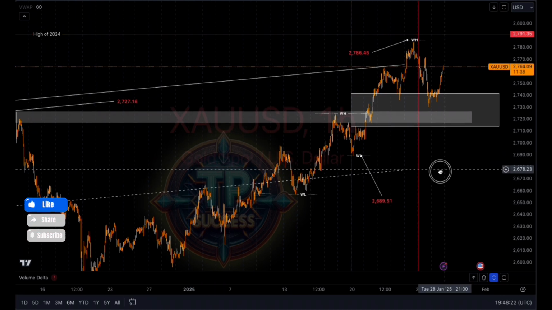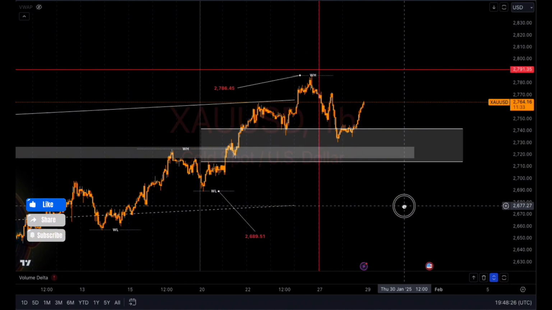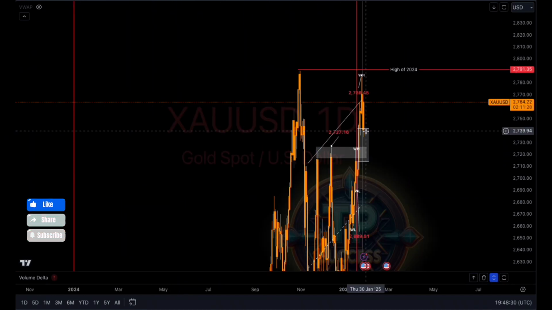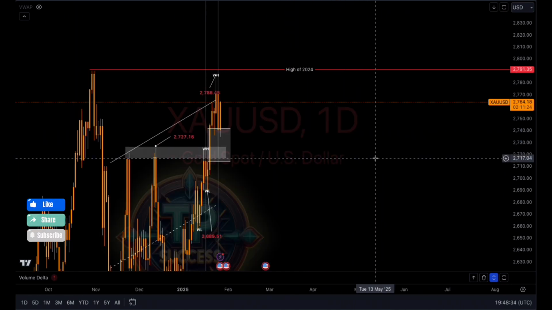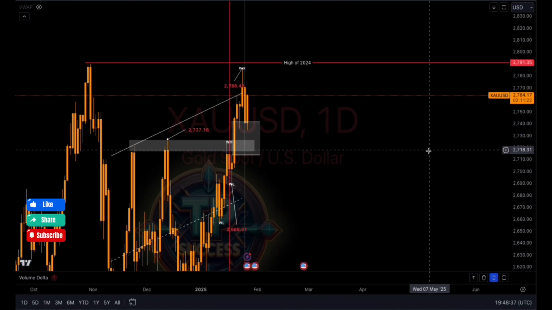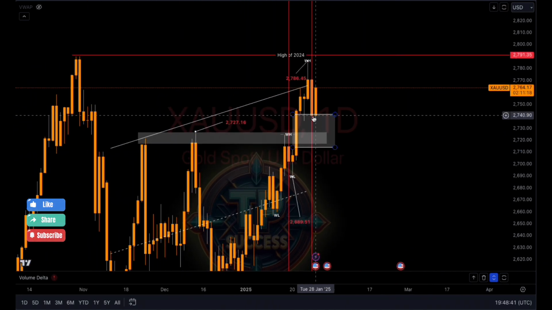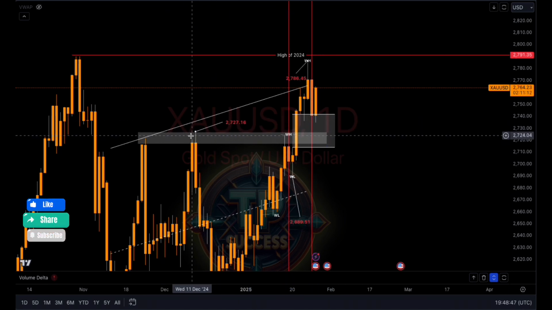So as it stands, going off the FVG that I pointed out in the daily, that is this little gray zone that we can see right here. Price has gone into this FVG, as you can see, the daily FVG. So we got a close above the resistance level, right?